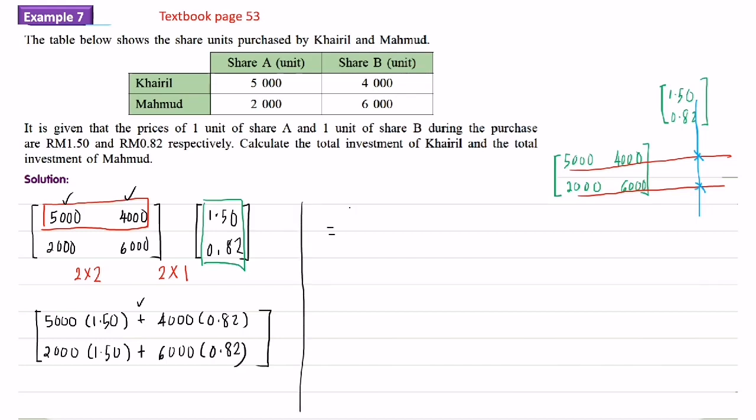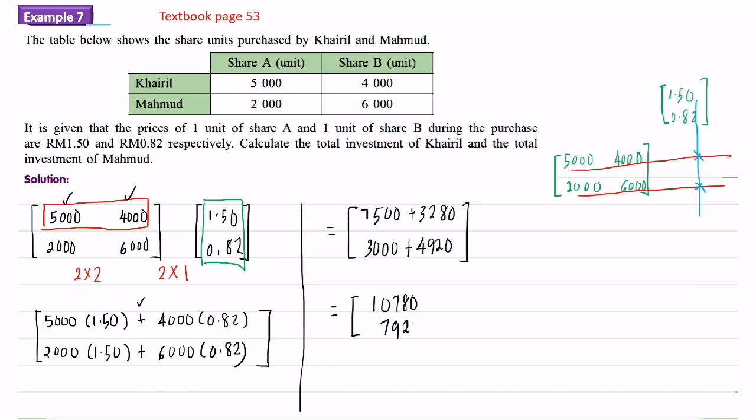So you will obtain 7,500 plus 3,280, and 3,000 plus 4,920. The total is 10,780 and 7,920.